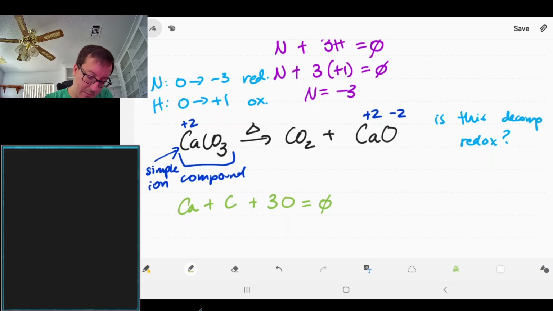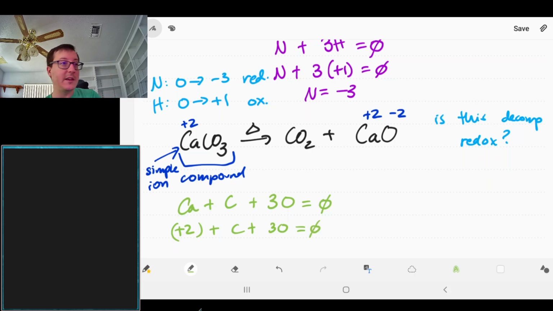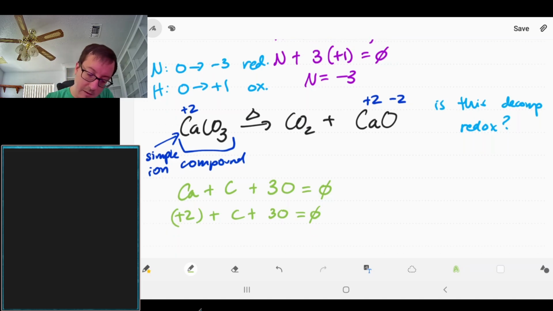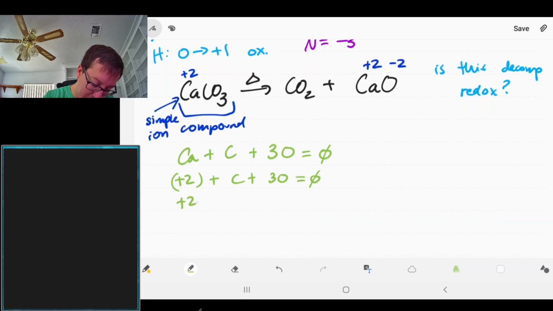We know that calcium is +2, but we don't have enough to solve this quite yet, so we now need to look at carbon and oxygen and decide which of those we have a rule for. Well, rule 4, we start with fluorine, then hydrogen, then oxygen. So since we don't have fluorine or hydrogen, we're going to give oxygen -2.